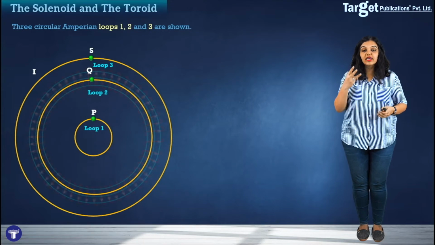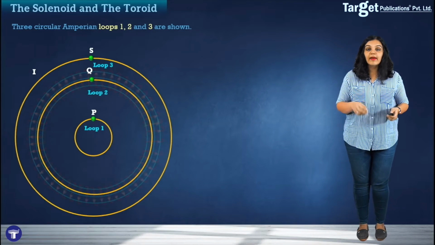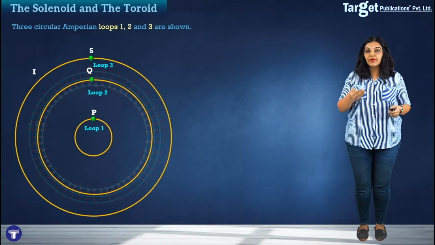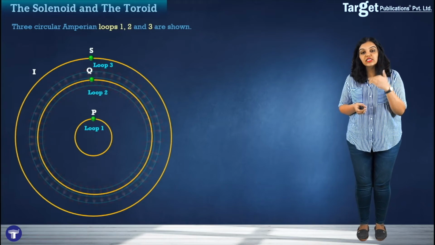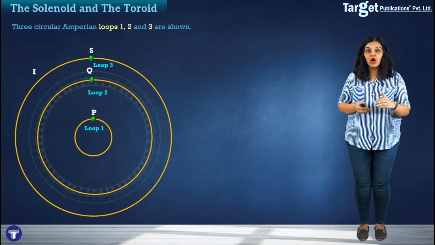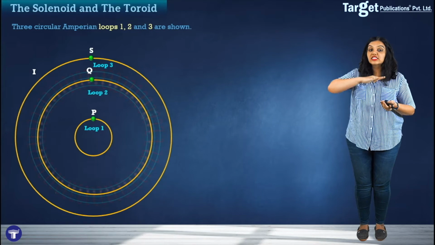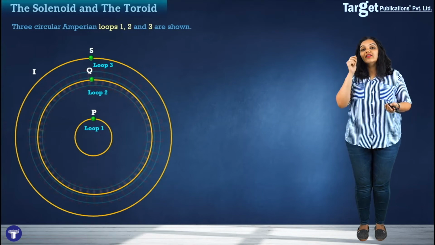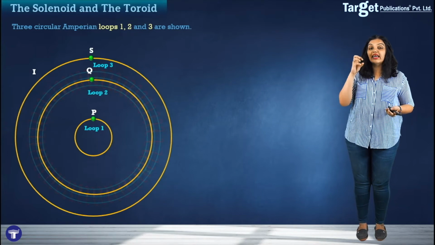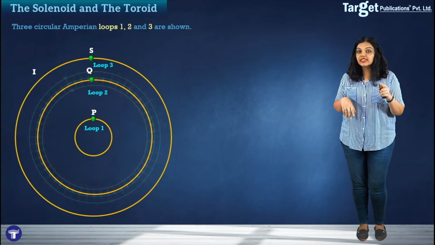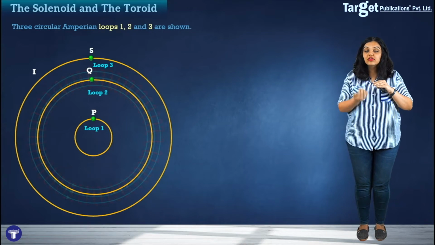So here I have 3 Amperian loops, and I want you to remember that when we discussed the procedure to apply Ampere's circuital law, we saw that we had to take not just a loop, but a surface, and then when we are writing the enclosed current, we have to ask which current is cutting through this surface.